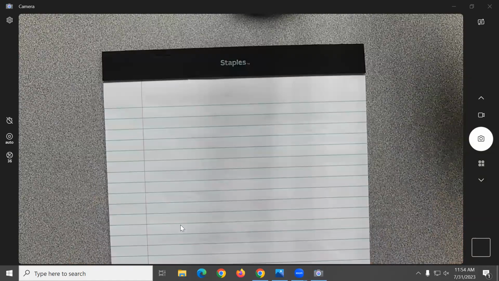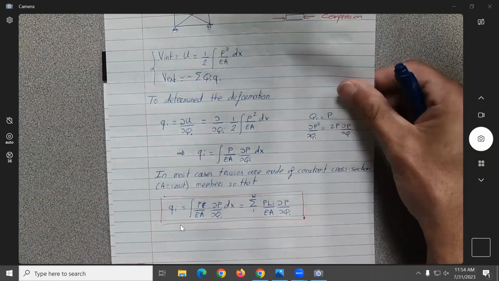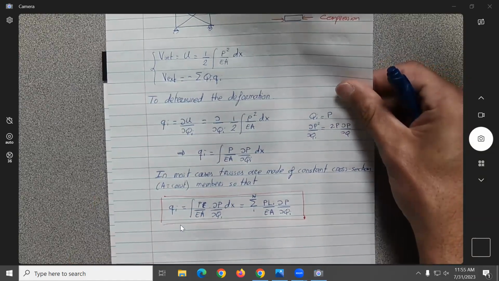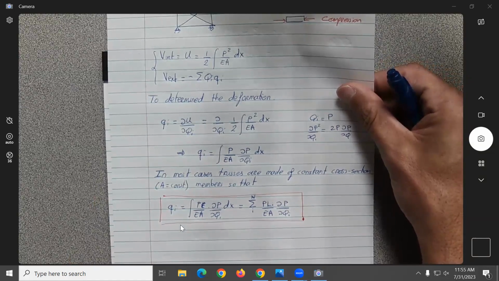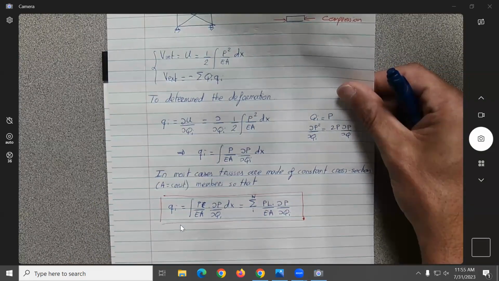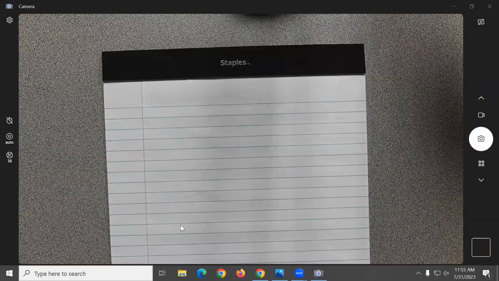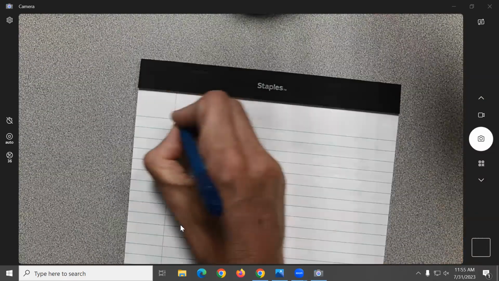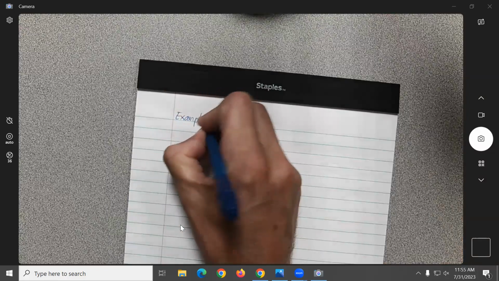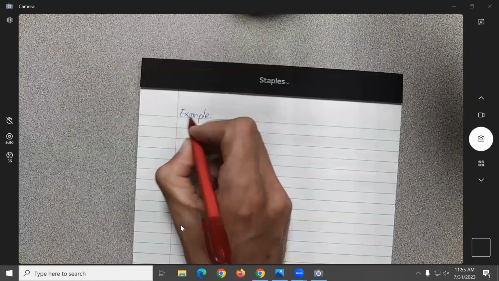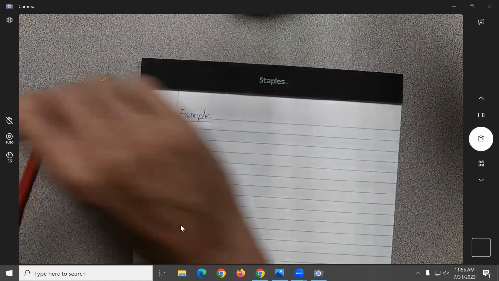All right, so let's do one problem. So, example. And again, all these problems require a good amount of work. It's not complicated, but it requires an amount of work.